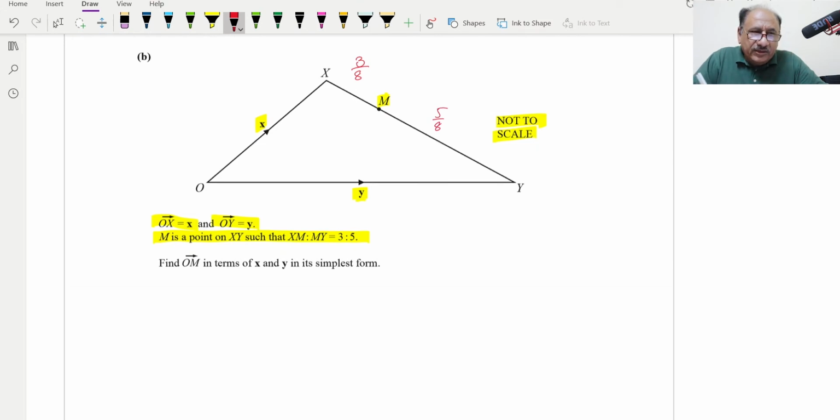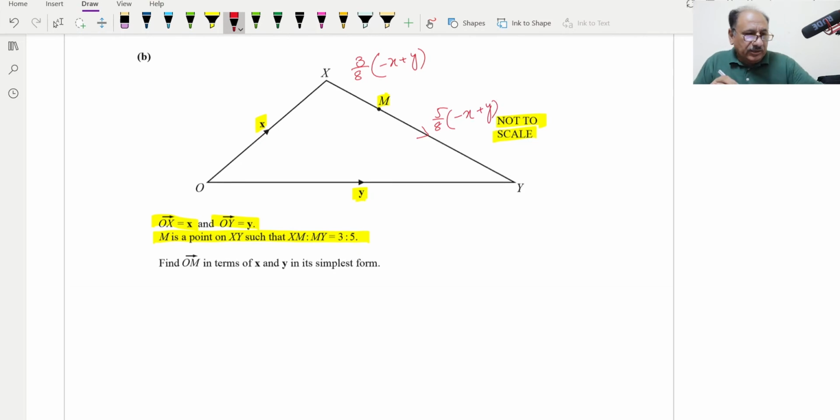First we can find XY. So XY will be this direction, and XY will be taking this route, this one and this one. So it will be minus x plus y. So we can write here 3/8 of minus x plus y, and this will be 5/8 of minus x plus y.